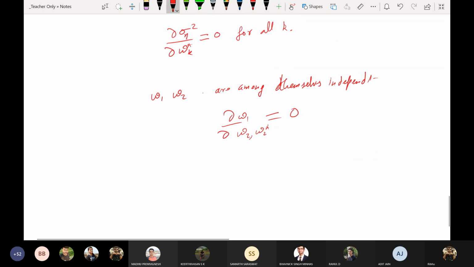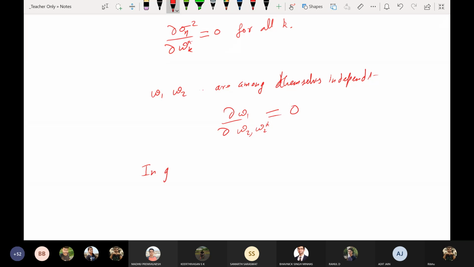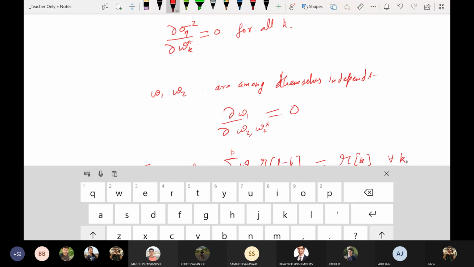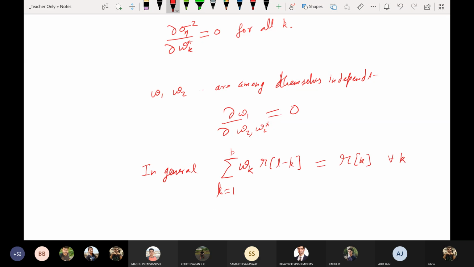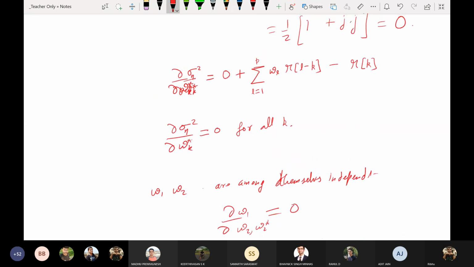So in general, sum over L from 1 to P equals R of K. Make sense from this equation?